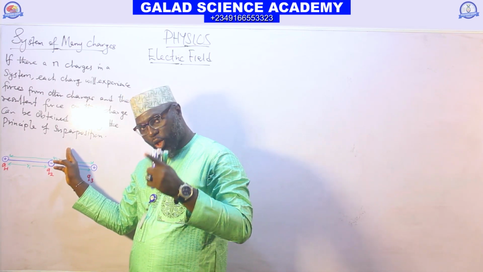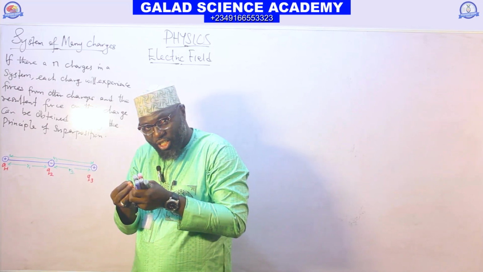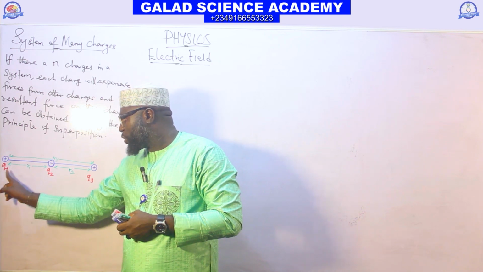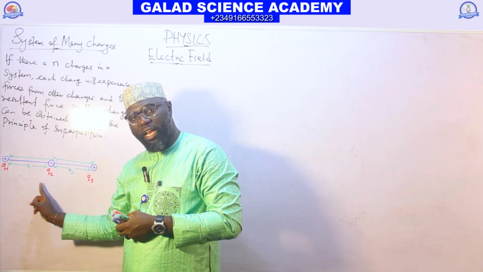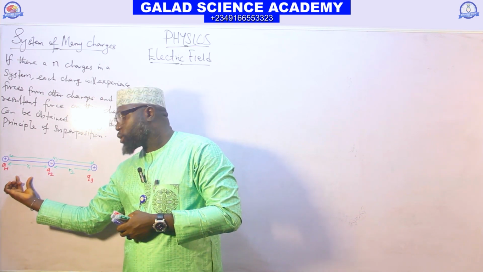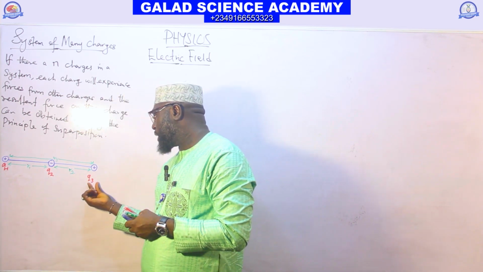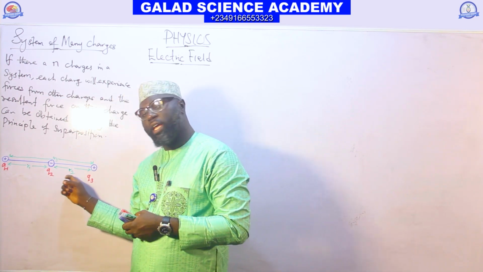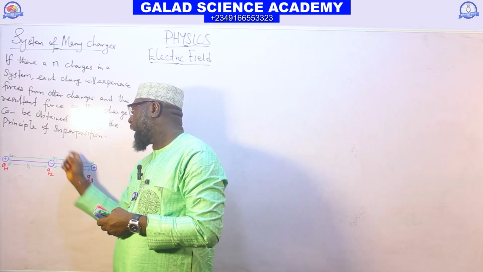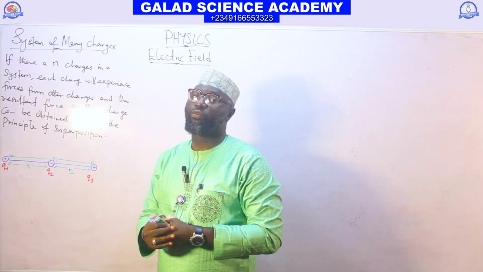The force may be repulsion or attraction. It depends on the kind of charge we have. Between Q1 and Q2, negative and positive, we have a force of attraction. Between Q2 and Q3, attraction. Between Q3 and Q1, we have a force of repulsion.